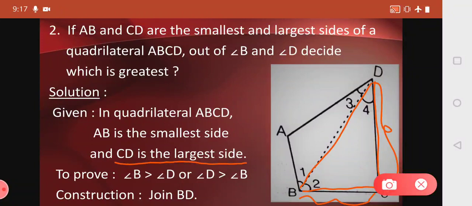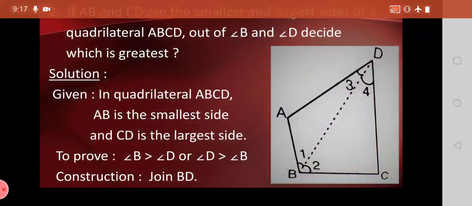Now the opposite angle of CD is angle 2, and the opposite angle of BC is angle 4. So we write angle 2 greater than angle 4.